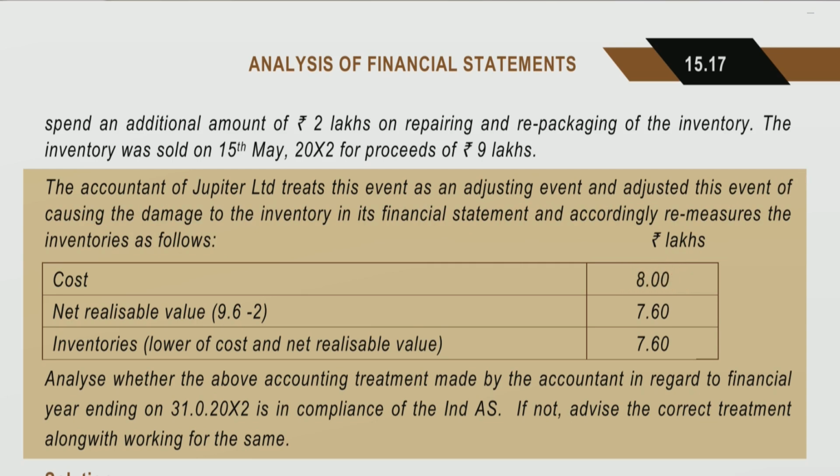Cost is 8 lakhs, net realizable value they have taken as 9.6 minus 2, that is 7.6 lakhs, and the lower of cost or NRV is considered as 7.6 lakhs. Analyze whether the above accounting treatment made by the accountant in regard to the financial year ending 31st March 2022 is in compliance with the Ind AS. If not, advise a correct treatment along with working for the same.